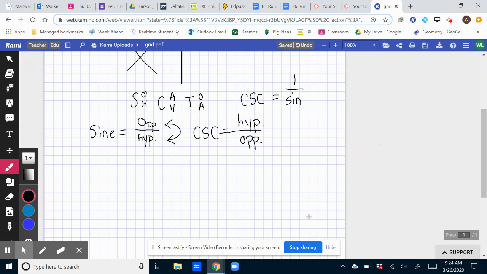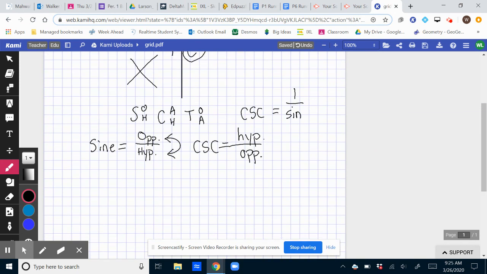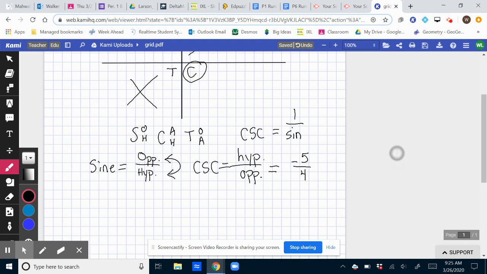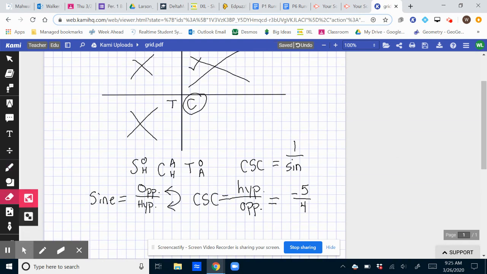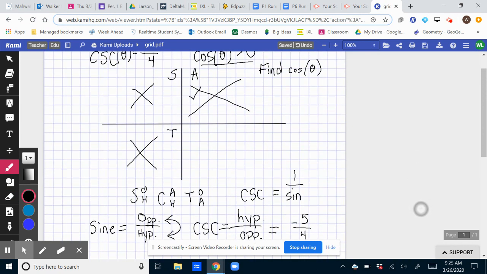So we know that the hypotenuse over the opposite equals -5/4, and we know that we're in quadrant 4. First, for all of these problems that tell you the sine of the angle is this, find the other ones, you want to draw a point in the correct quadrant.